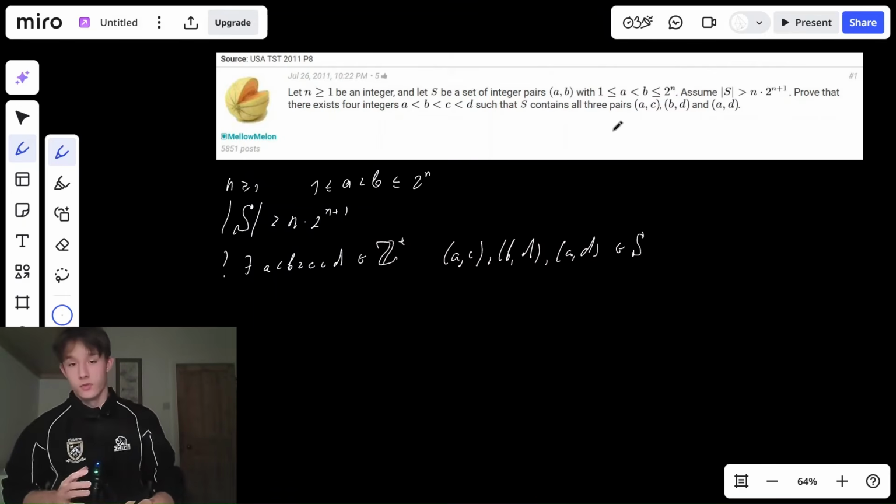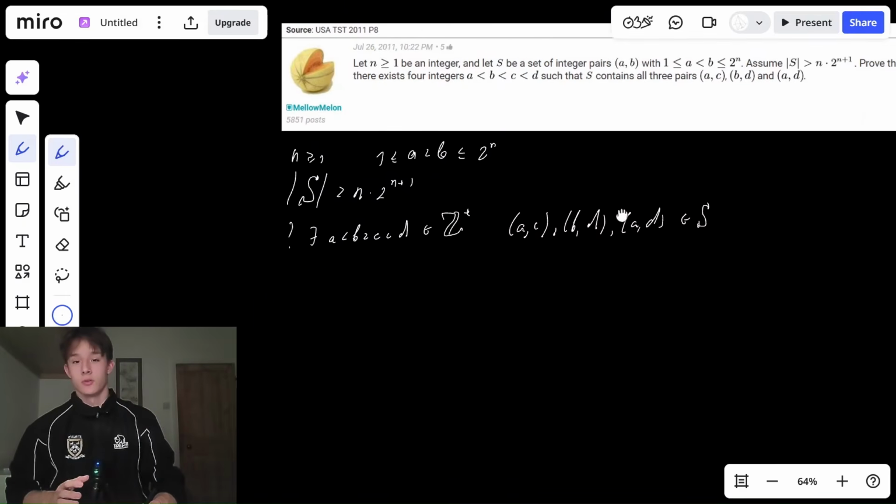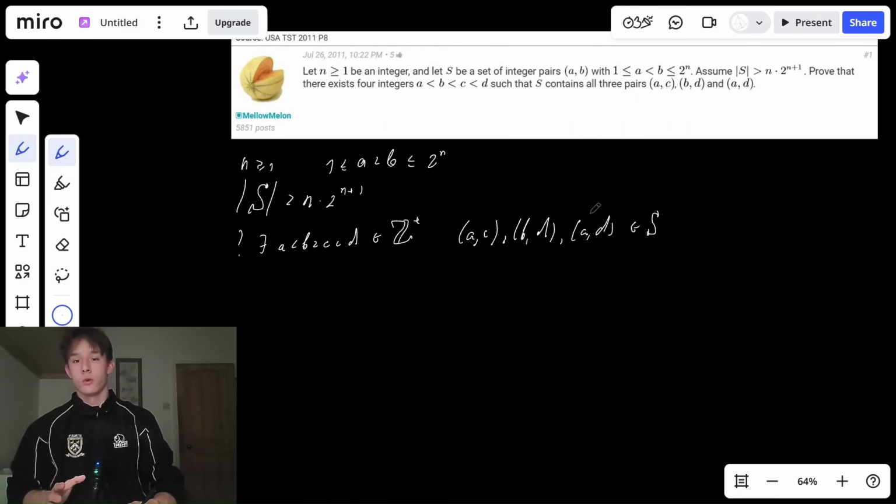So if that's the case for you as well, I would suggest that you rephrase the problem in such a way that you have everything present in front of you and you classify everything, just break it down so that you can look at the sheet of paper and you know that everything is there.